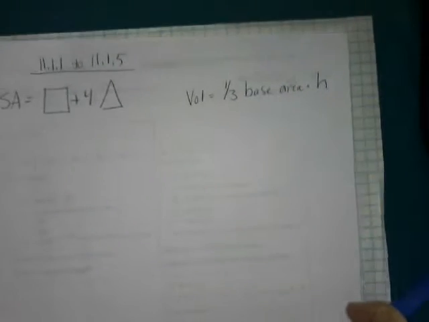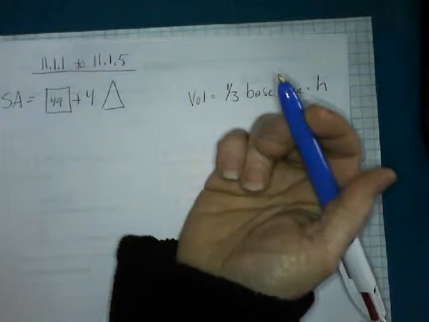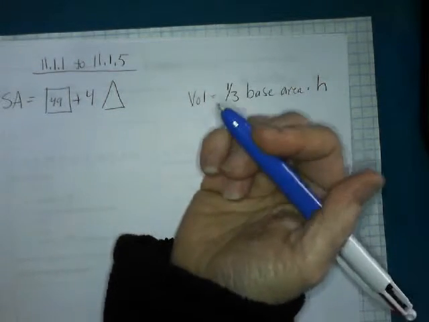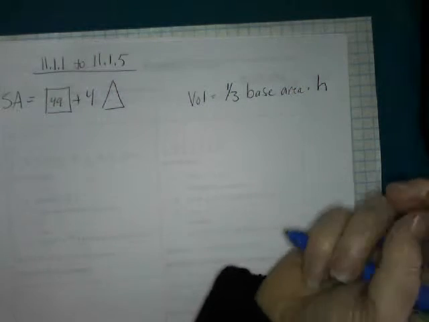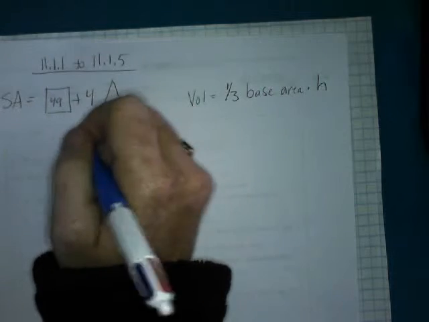So the bottom is a square, so it's 7 times 7, so that's going to be 49. And then the triangles, a triangle is 1/2 times base times height. Now that's going to be a little interesting.